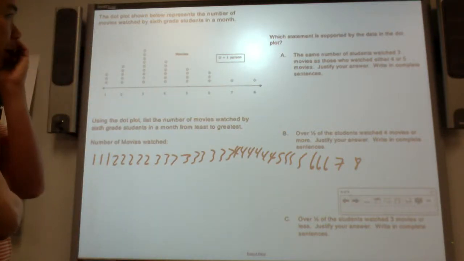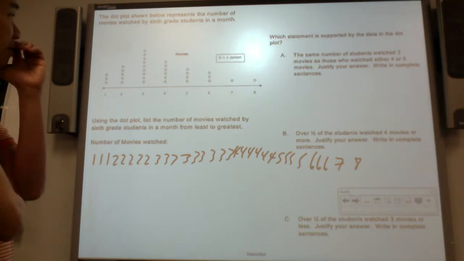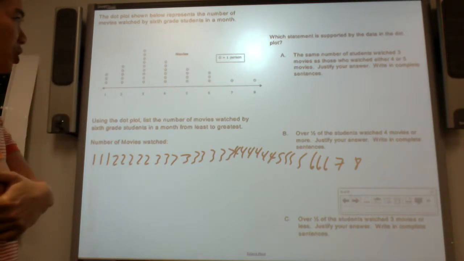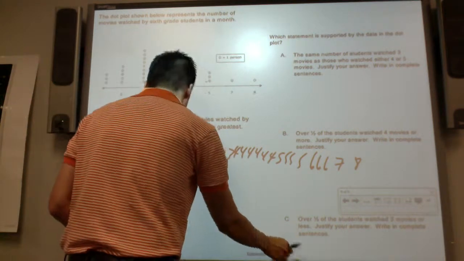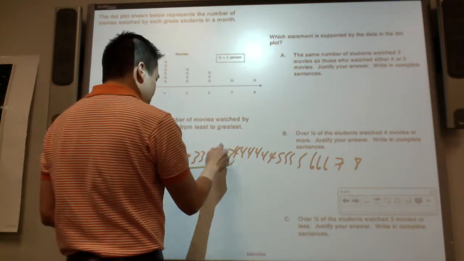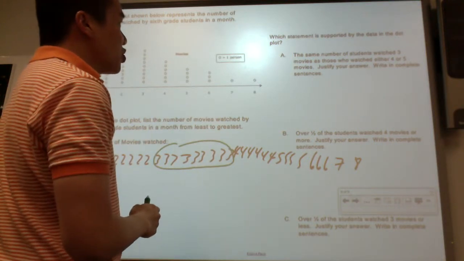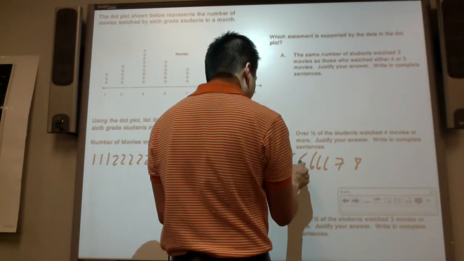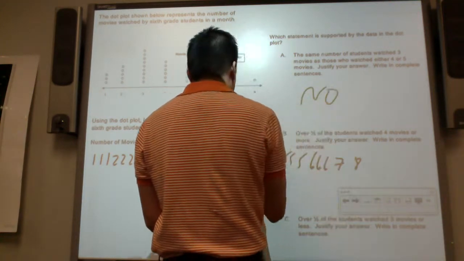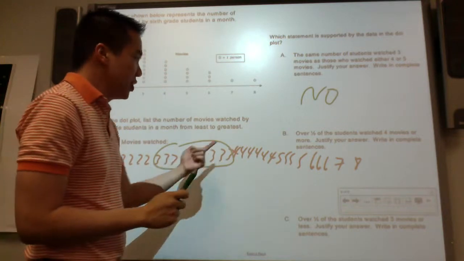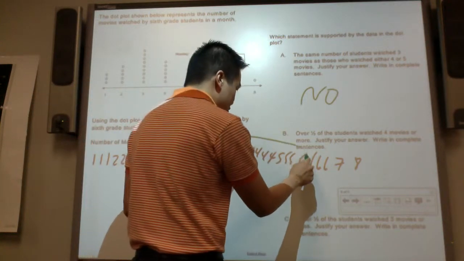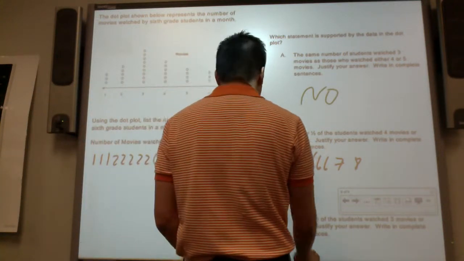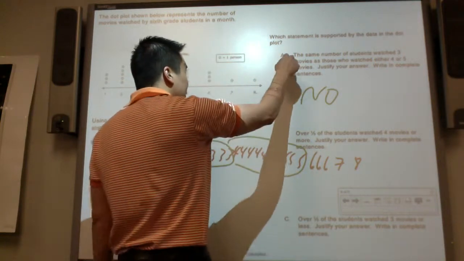Which statement is supported by the data in this dot plot? The same number of students watched 3 movies, 3 movies, that's 9 students, as those who watched either 4 or 5. 1, 2, 3, 4, 5, 6, 7, 8, 9, 10. No. There are 9 students who watched 3 movies, 10 students who watched 4 or 5.